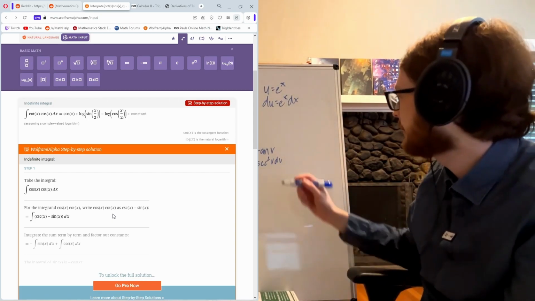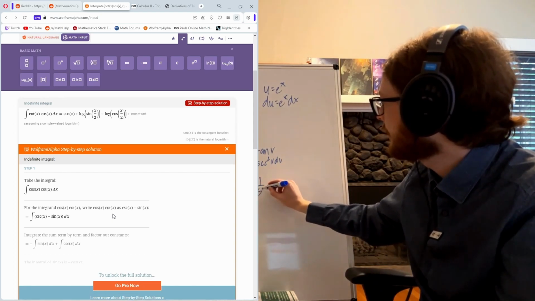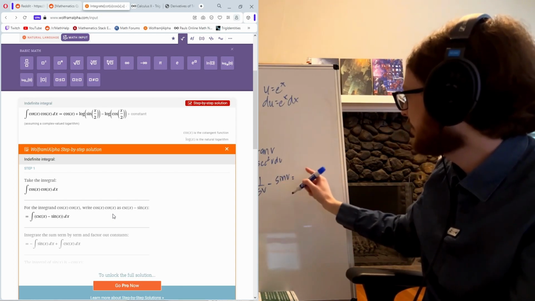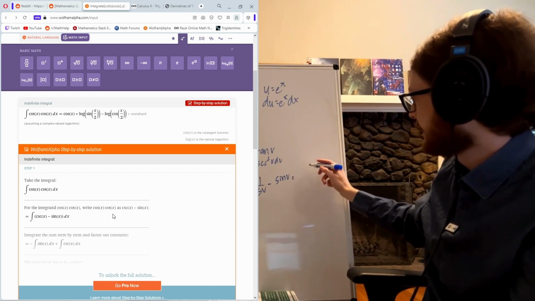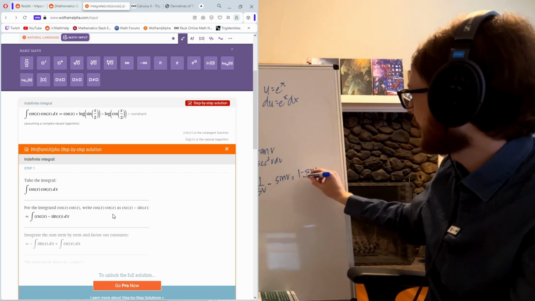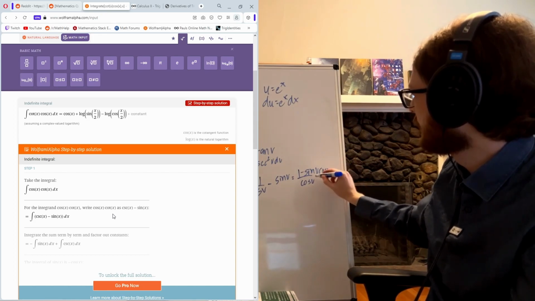Cosecant minus sine. 1 over sine v minus sine v. If you get a common denominator, 1 minus sine squared v over sine v.